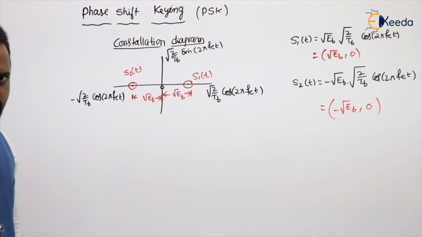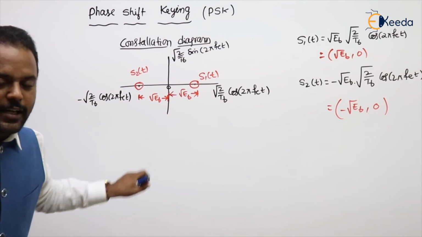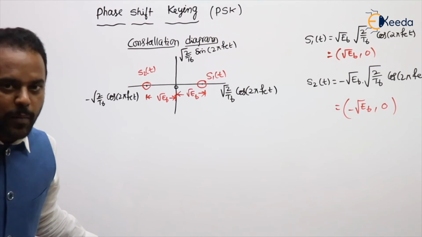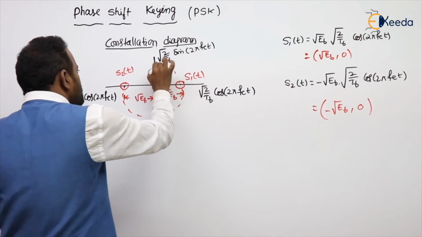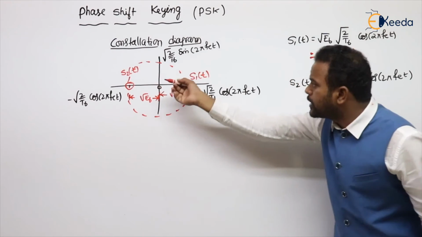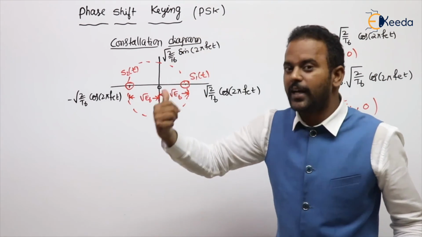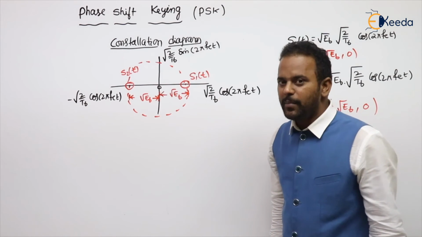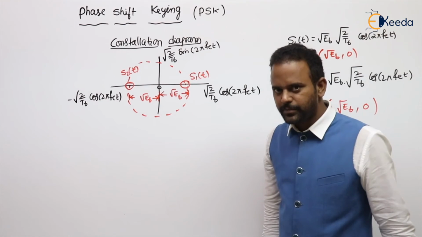I already told that in PSK there is no change in amplitude. All signaling points are equidistant from the origin. Not only in 2 PSK, in any PSK, all signaling points will be equidistant from the origin. That's why it has a circle also. A circle means all points are equidistant from the center.